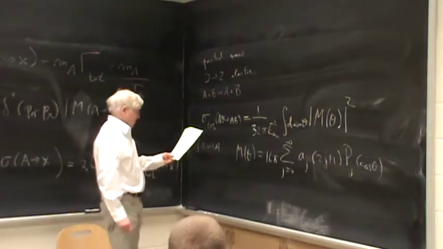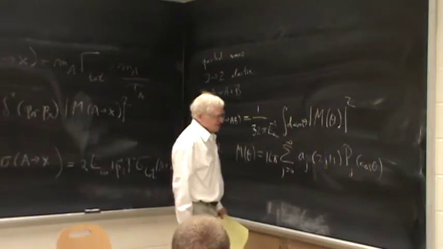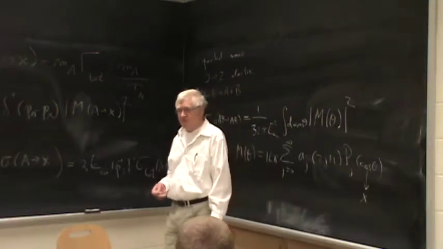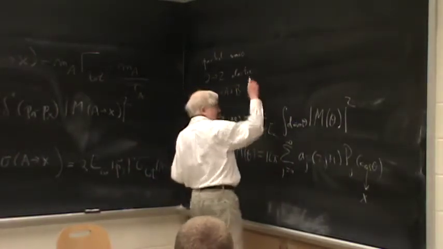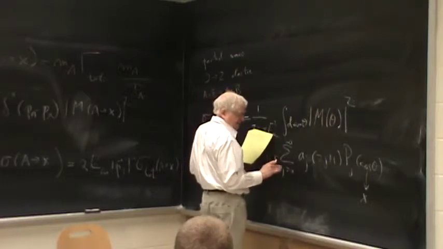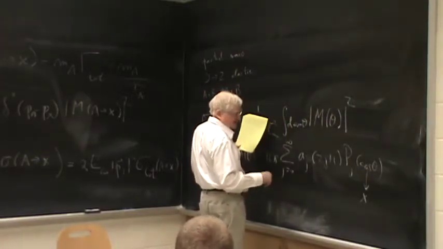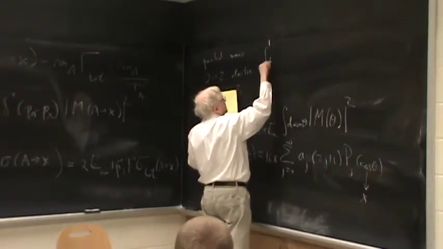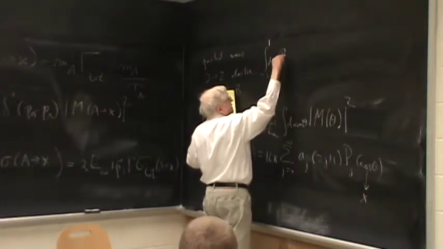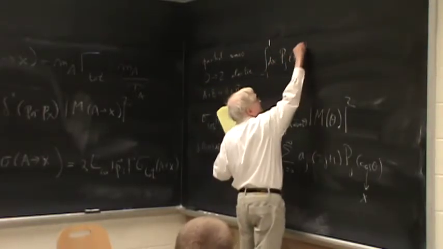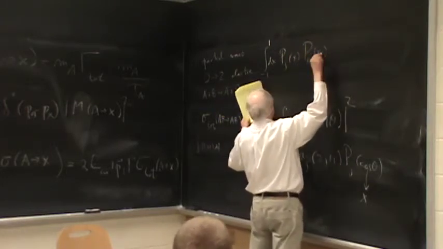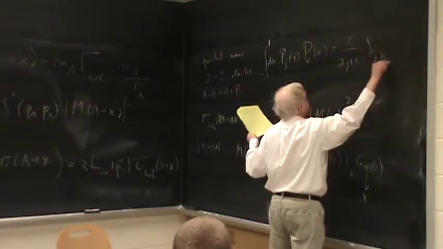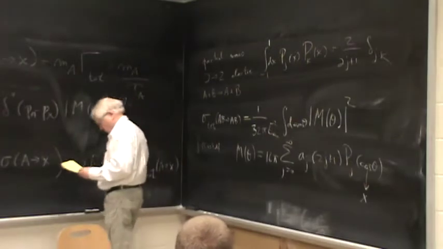Now, these Legendre polynomials are orthogonal, and the best thing to do is to replace cosine theta with x. Cosine theta has to be between -1 and 1, and d cosine theta from 0 to pi is dx from -1 to 1. And so the orthogonality, in a more sensible notation, is the integral of P_j of x, P_k of x, dx, equals 2 over 2j plus 1 delta_jk. So that's the orthogonality of the Legendre polynomials.